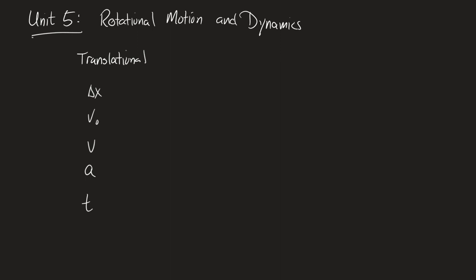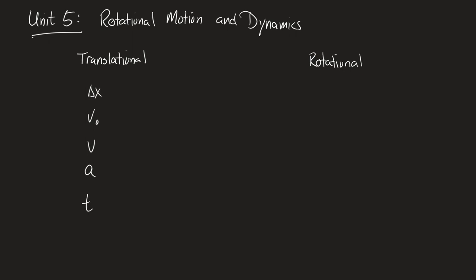We did some work in uniform circular motion, so you guys are aware that we can have rotational speed. And we described and talked about rotational velocity for quite a while. So this isn't coming out of nowhere, but for everything that has a translational component, there could be a rotational component.